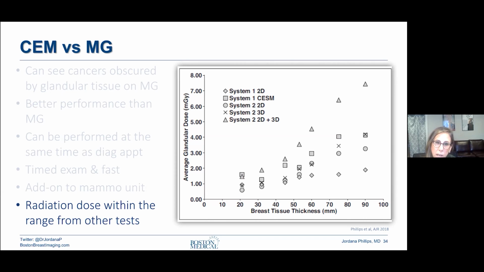And what we found is that one of the exams that we perform all the time, which was a 2D plus a DBT for screening, was the highest radiation dose across breast tissue thicknesses. That's that blue arrow, still well within the range. So I don't want to suggest that this is too high of a dose, but this is what it was.